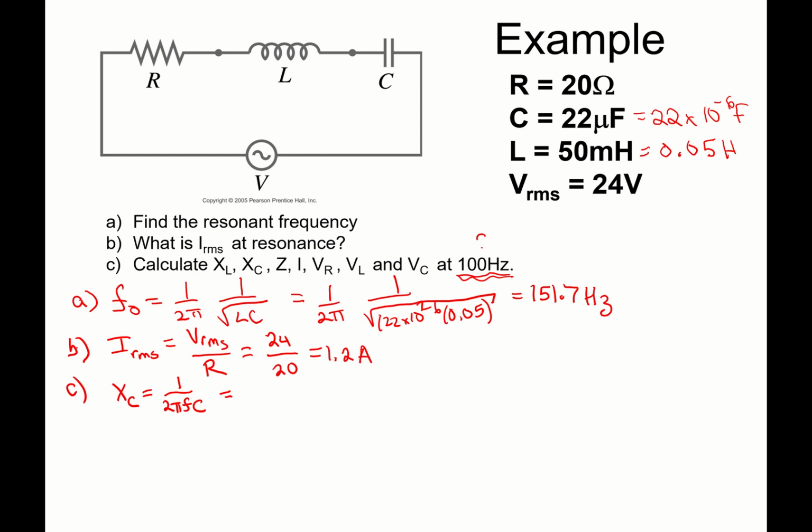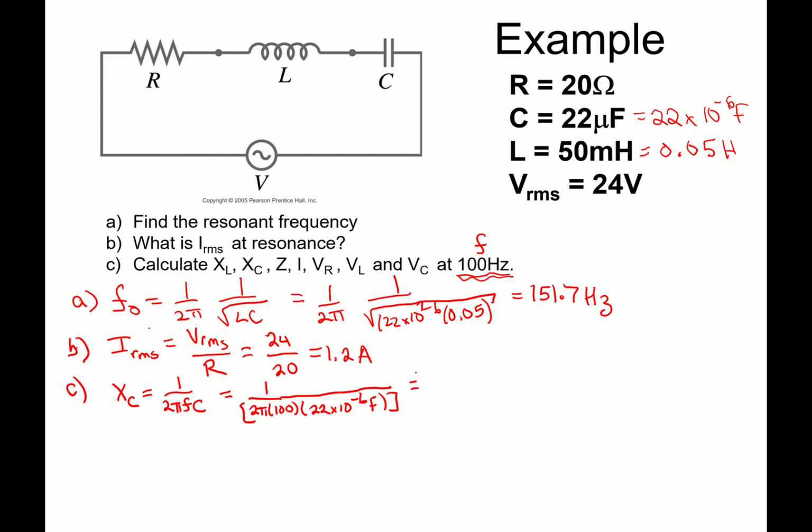My f is 100, and we know my C, so it's just plugging it in: 2 pi times 100 times 22 times 10 to the minus 6 farads. And remember, we've got a lot of stuff here in the denominator, so make sure you put proper brackets around it, or you can get the wrong answer.